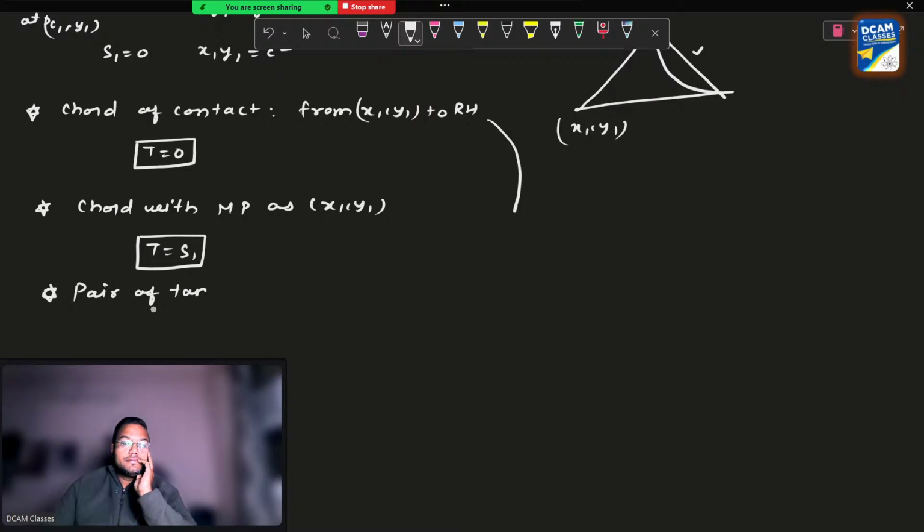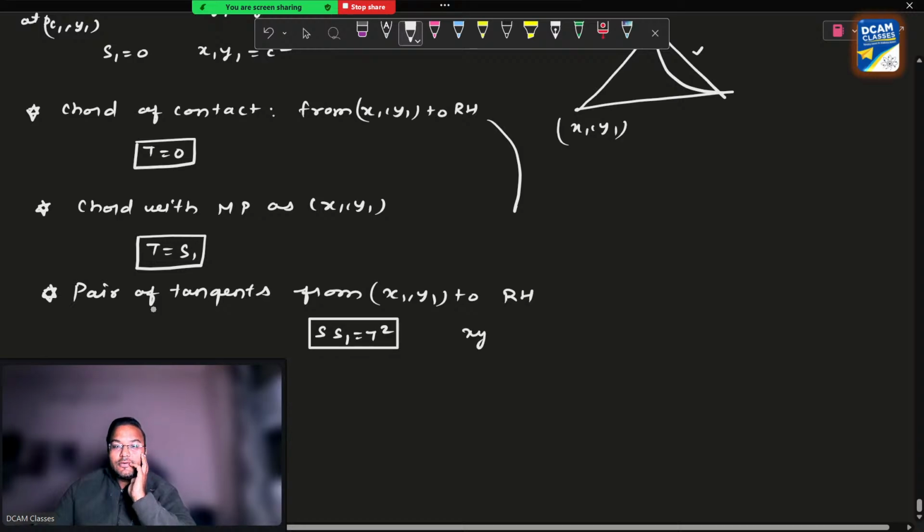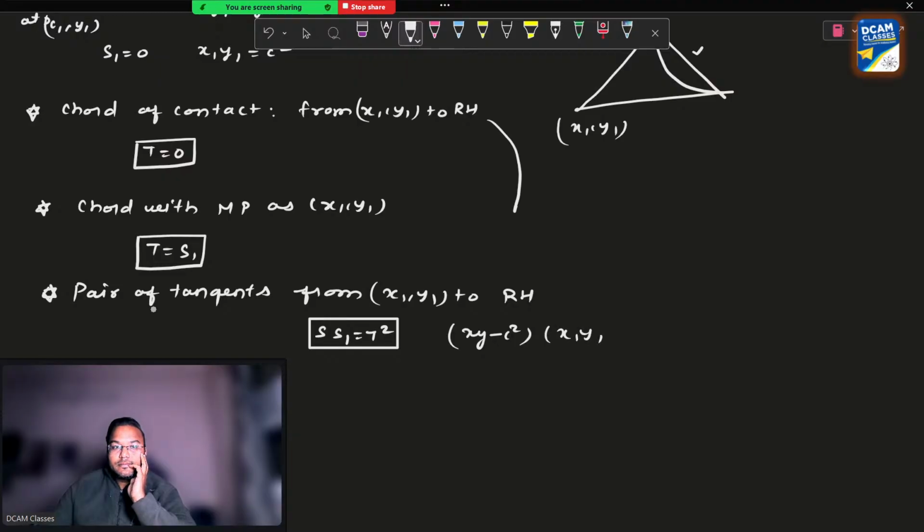Pair of tangents from x1 y1 to the rectangular hyperbola will be SS1 is equal to T square, which will be xy minus c square into x1 y1 minus c square is equal to this.